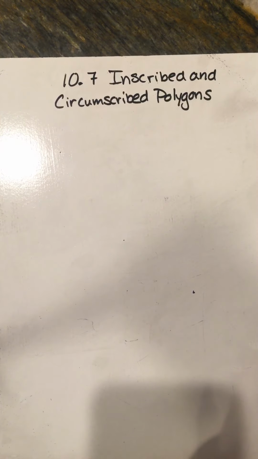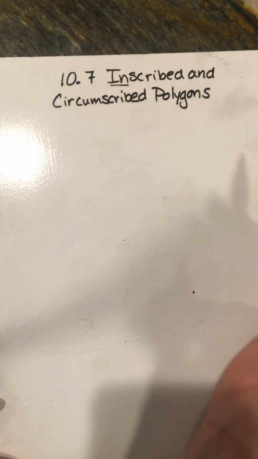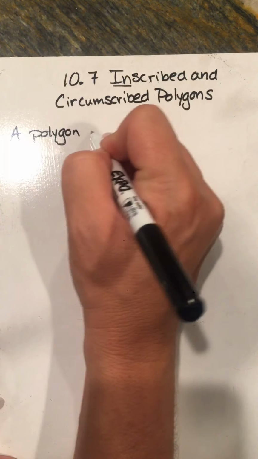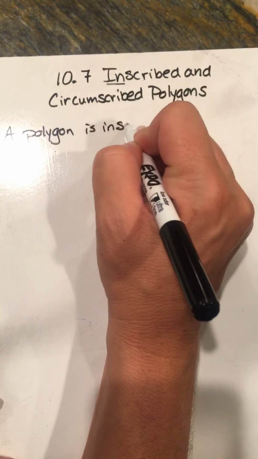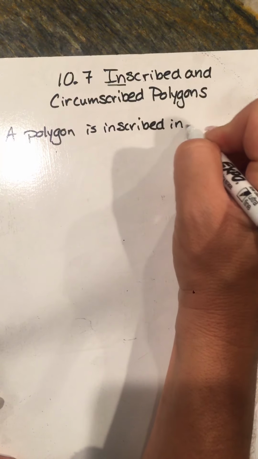So inscribed and circumscribed polygons, they're pretty easy to figure out as long as you pay attention to the word. So inscribed, you see the word in. So a polygon is inscribed in a circle.